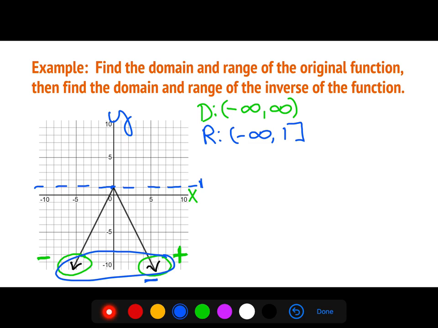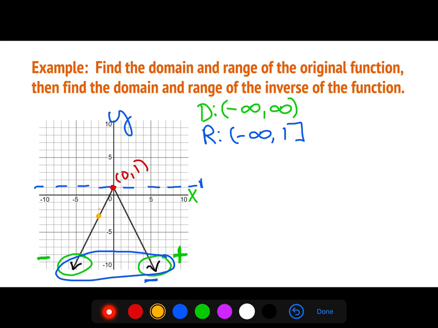Now, I can find a couple of points on here and switch them and get their new domain and range. So I'm going to choose this one right here because it's easy to see. That's at 0, 1. And I'm going to choose this one right here. Again, it's easy to see.